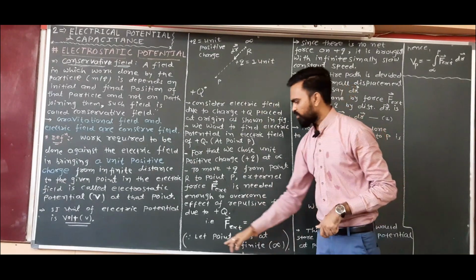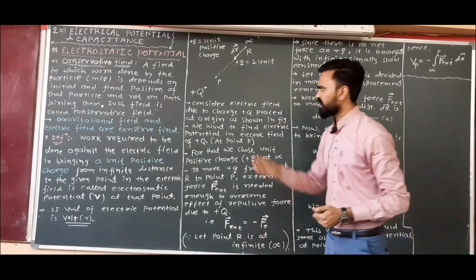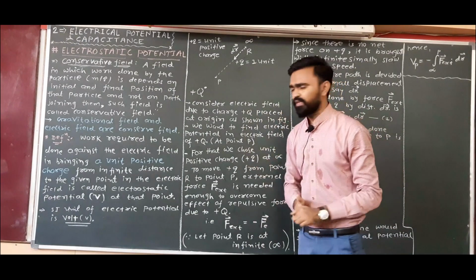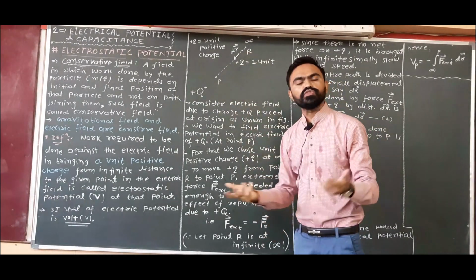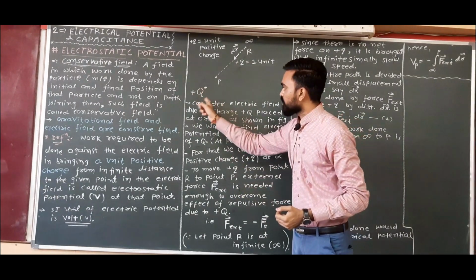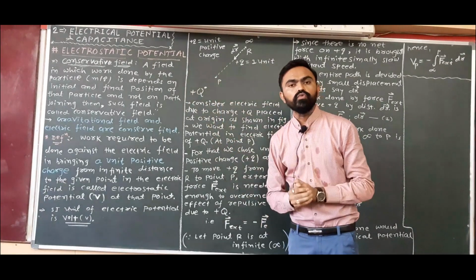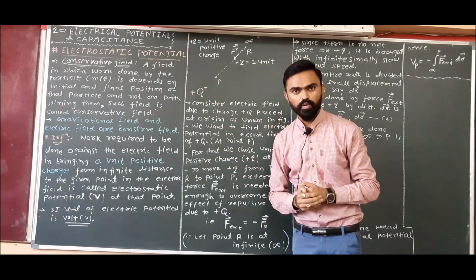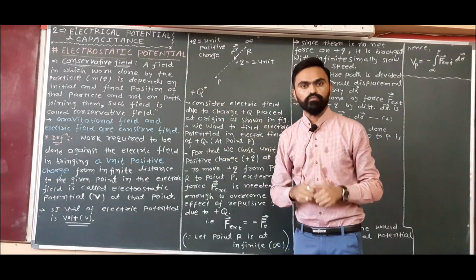Here I have mentioned that point R is at an infinite distance. Any comparatively large distance we call infinite, because the region of the electrical field of a charge is small. The range of the electrical charge will be smaller compared to the other forces, right?